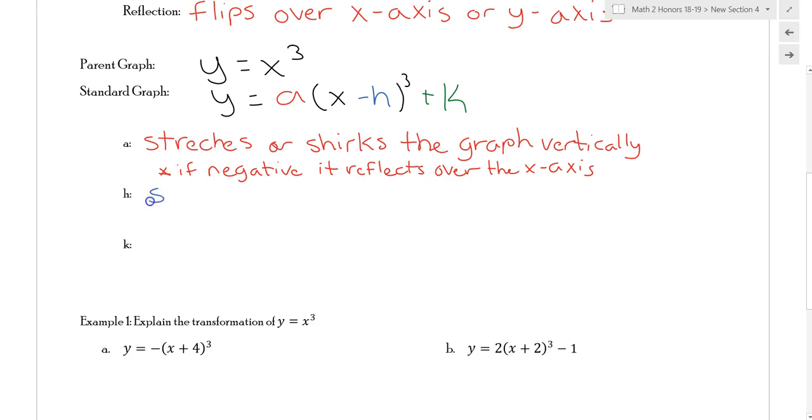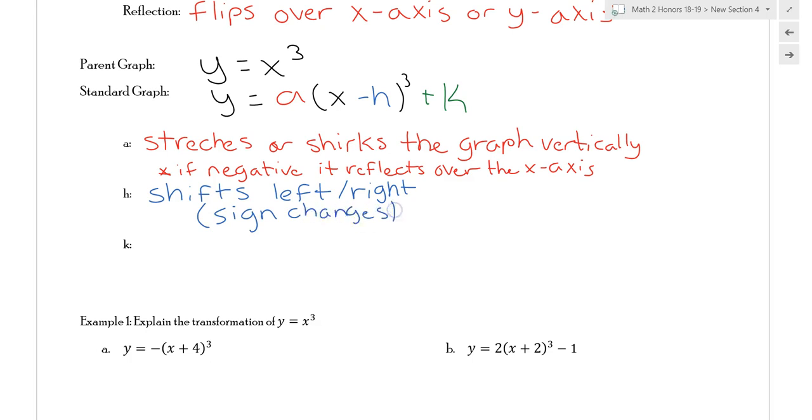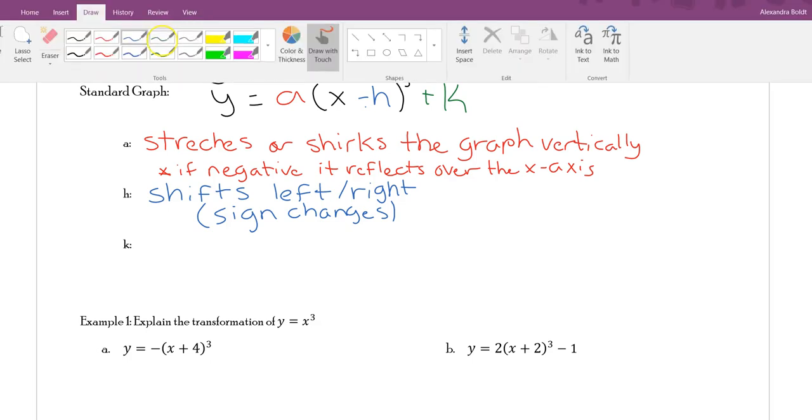h shifts the graph left or right. And the big thing about h is the sign changes. You can see that in that our standard form has the minus h. So if h is positive, it would say like x minus 3, even though the h is positive. So be careful with that.